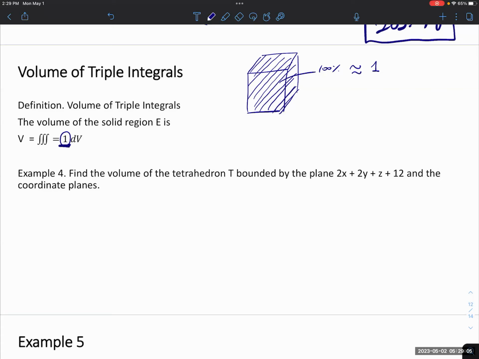So for the volume of a solid region, you can use many different ways to find the volume, and this is one of them. You start from 1, take the triple integral, and find the true volume, because your interval will be given.